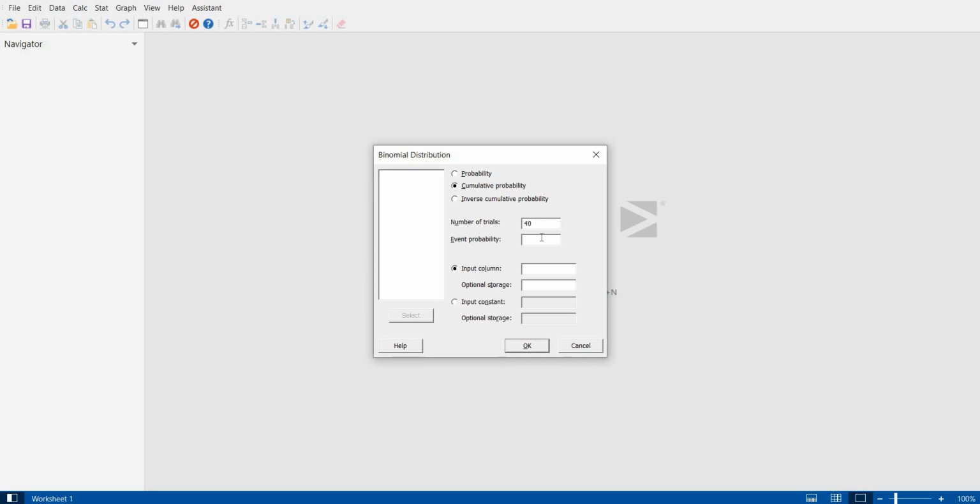Then event probability is 0.05, then input constant is 3, because we have to calculate for no more than 3 non-conforming items. Then simply click OK.